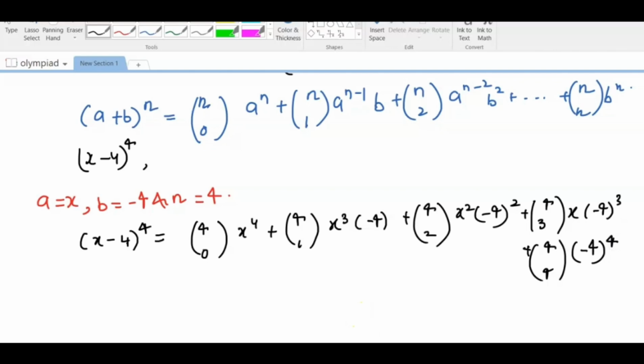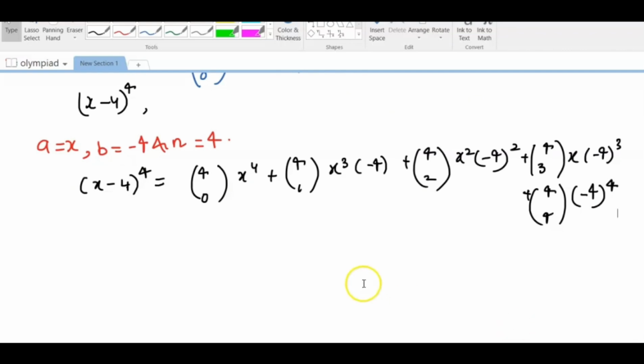Now we need to solve this, and for that we need the values of these binomial coefficients. Okay, so let's calculate this.